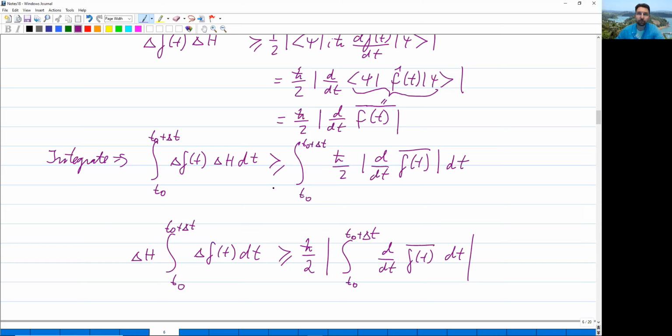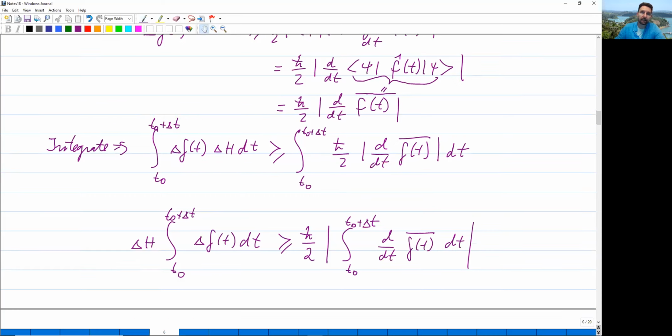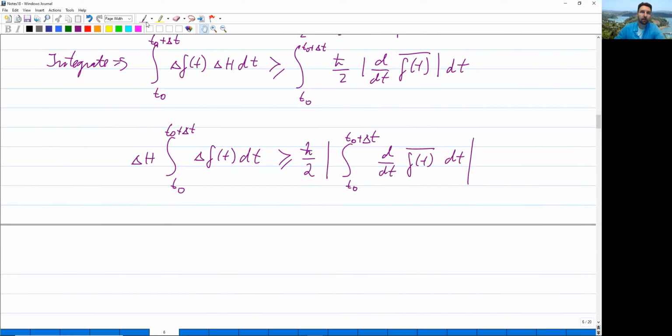It's just the usual estimate of integrals. All right. This is very helpful because this, of course, simplifies, right? It is f bar of t naught plus delta t minus f bar of t naught, the absolute value of it.